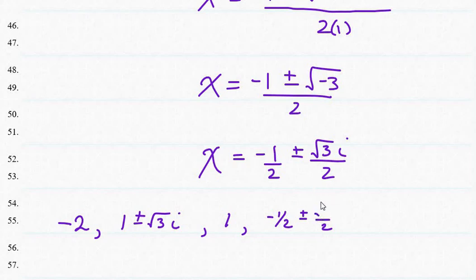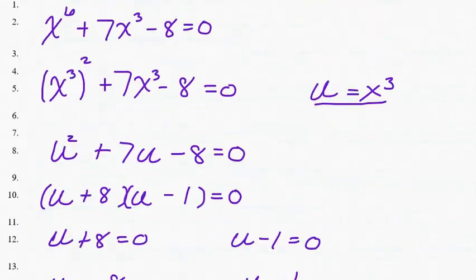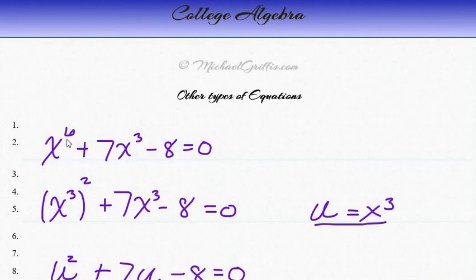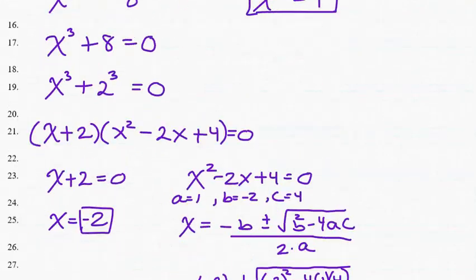I said it, but I didn't do it. How many solutions? 1, 2, 3, 4, 5, 6. And of course, that's what we started off with, a 6th degree polynomial, so 6 solutions.